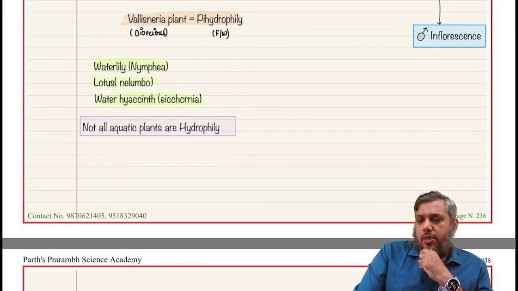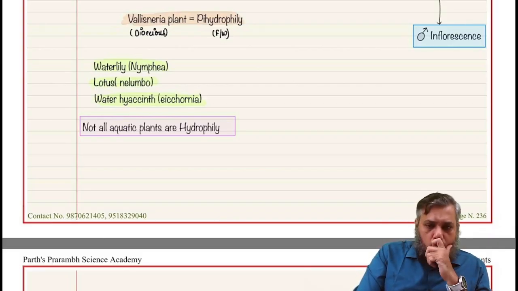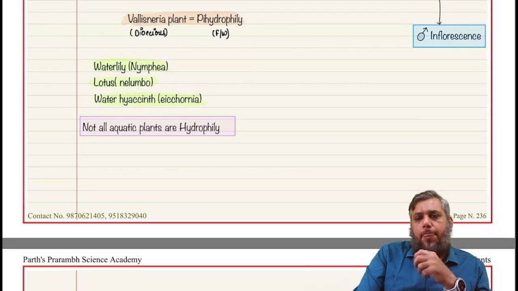In the beginning only we have said that angiosperms are not dependent upon water for fertilization. Only small genera of monocots, about 30 genera, are dependent upon water for pollination. And many aquatic plants are not even hydrophilous.